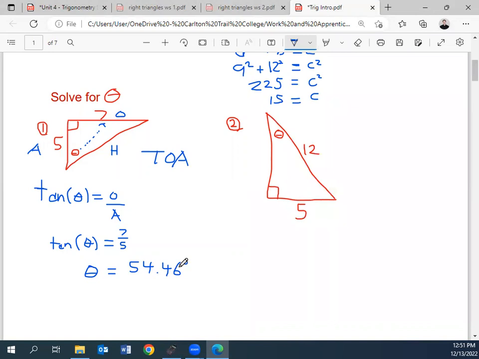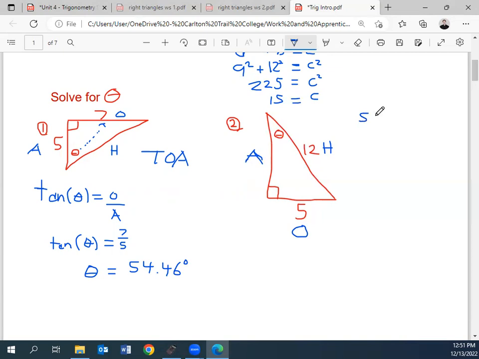So I want you to try out that last one by yourself. You have to label the sides, then figure out which trig function you can use. Is it sine, cos, or tangent?